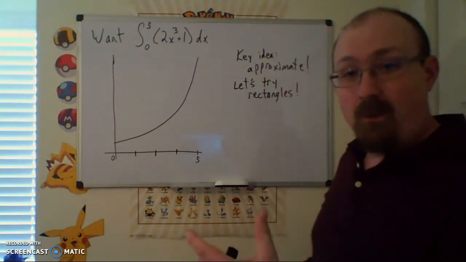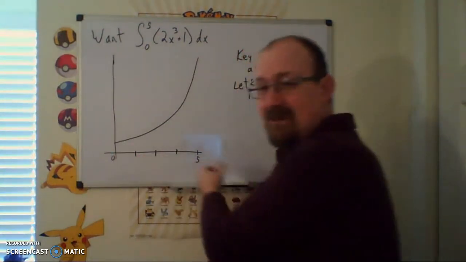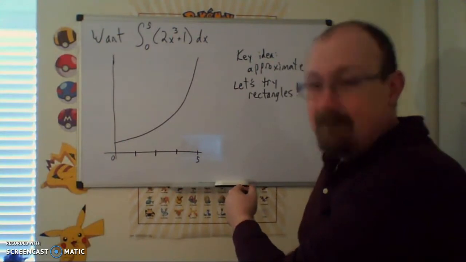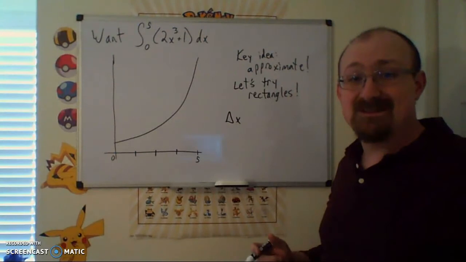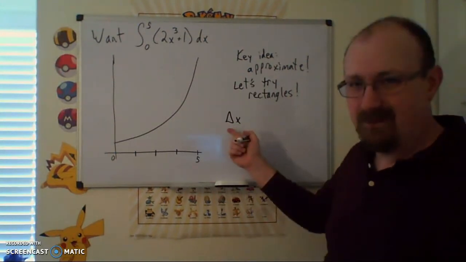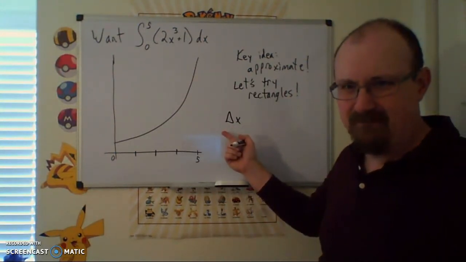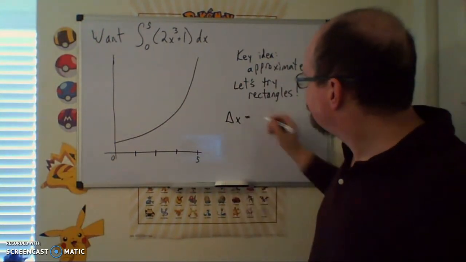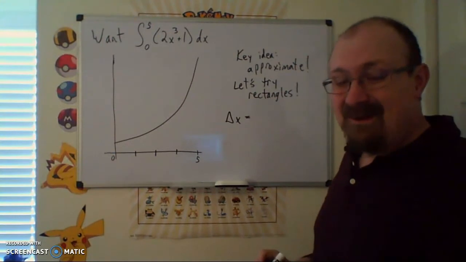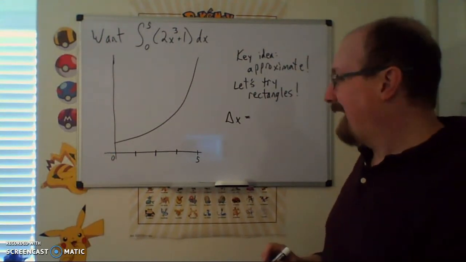Okay, the question is, how long is each of these smaller intervals that end up appearing? So we're going to refer to that width using the symbol delta x. That's not really a triangle, it's the Greek letter delta. If you're taking chemistry right now, you've already seen this. So the idea here is to figure out how wide each of these things is.